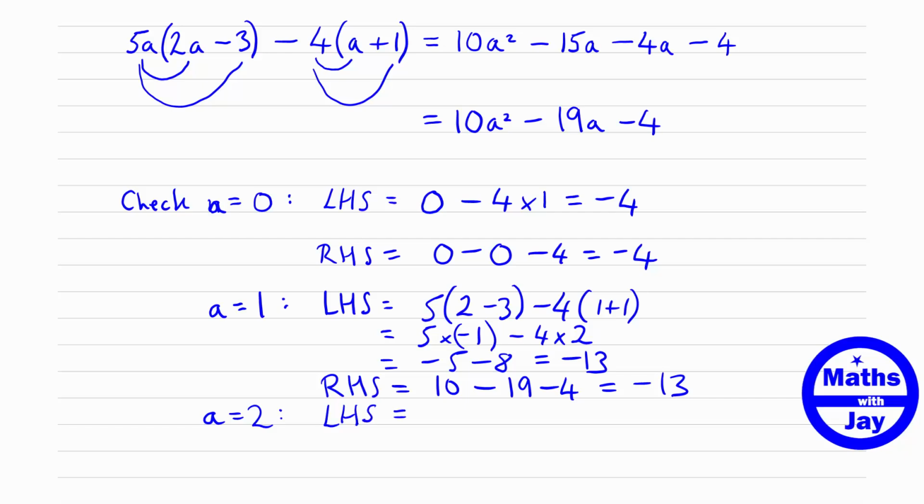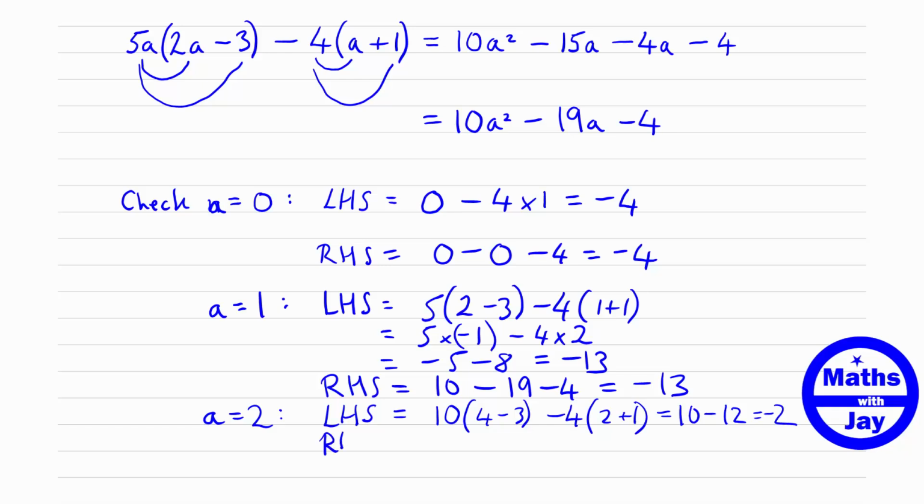Right, so the left-hand side is going to be 5 times 2 is 10. And then open bracket, 2 times 2 is 4, 4 minus 3. So 10 is going to multiply 4 minus 3. And then we're going to subtract 4 times 2 plus 1. So that gives us 10 times 1, 10. Minus 4 times 3 is minus 12, so minus 2.